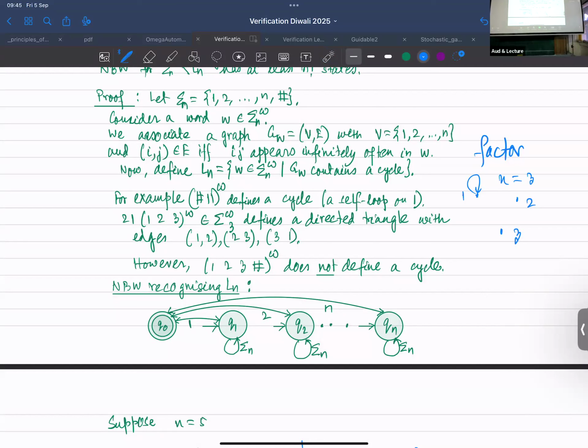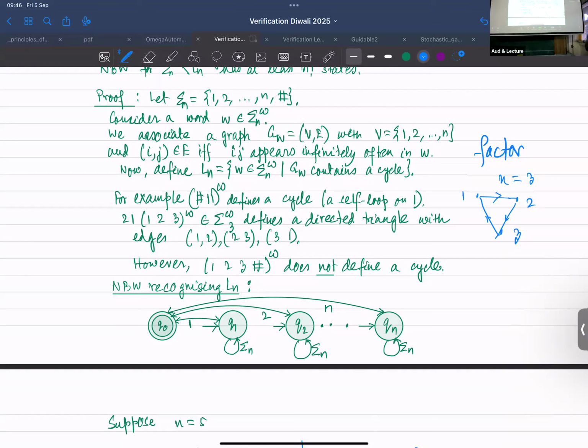Now let's look at another example, 2 1 followed by (1 2 3) omega. What are the edges I will have here in the graph? I will have 1 to 2, 2 to 3 and 3 to 1. So I also have a cycle here.